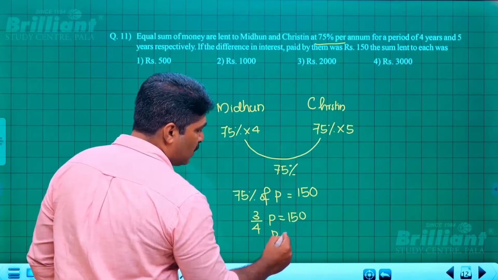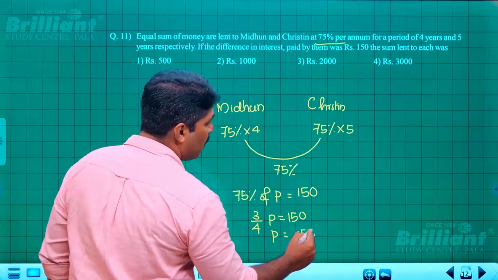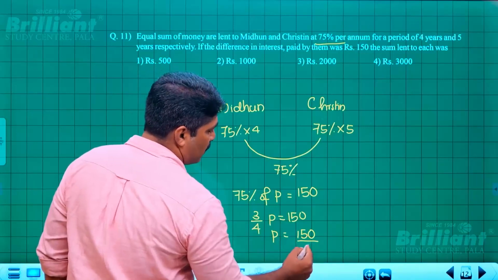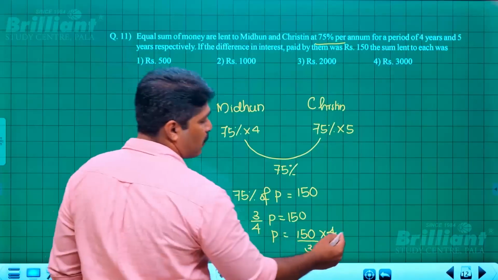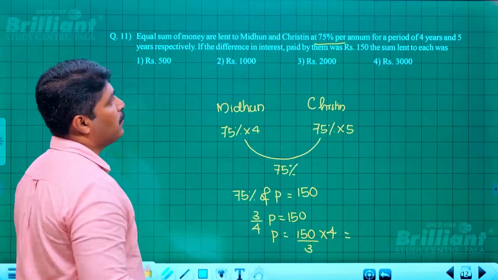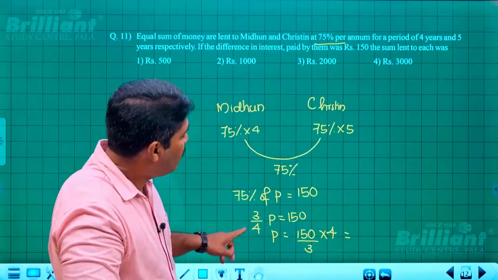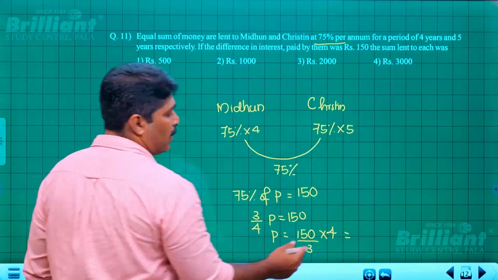Then what is the principal? That is 150 divided by this value, which is 3 into 4. So what will it become? That is 50 into this value. If it is 75%, that will be equal to 200.